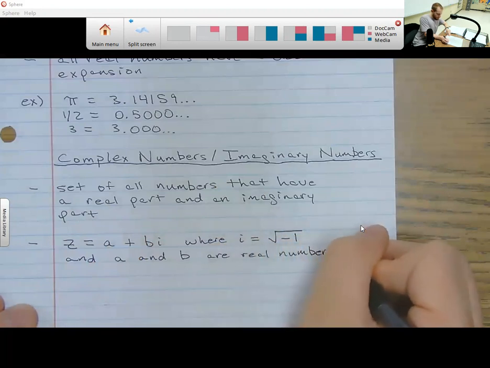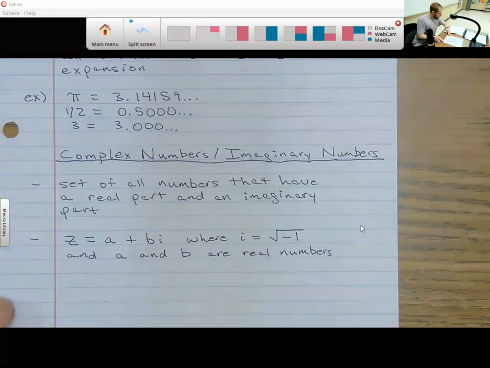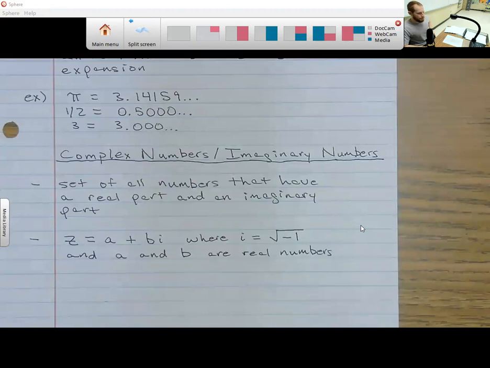Okay? So let's talk about this. z is equal to a plus bi. The a and the b are going to be real numbers. But the i is a special number that you haven't heard of before. i is equal to the square root of -1. Okay? So the complex numbers were made up so that you can actually take the square root of negative numbers, because you actually couldn't do that before the complex numbers were invented.